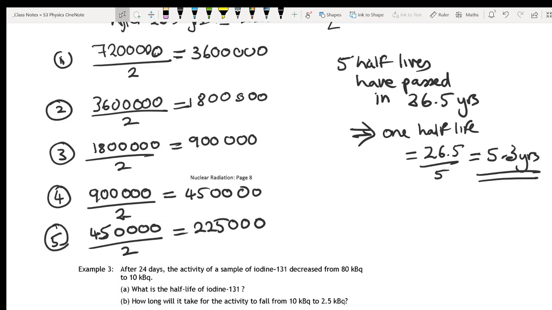If you have it written out, just have a read through and see if you can have a go at the next example. Is anybody still writing? Okay, can move on.